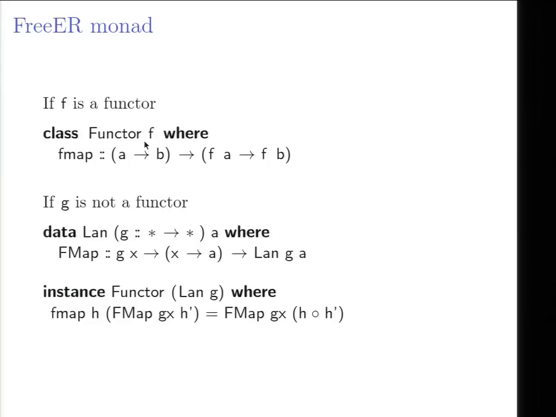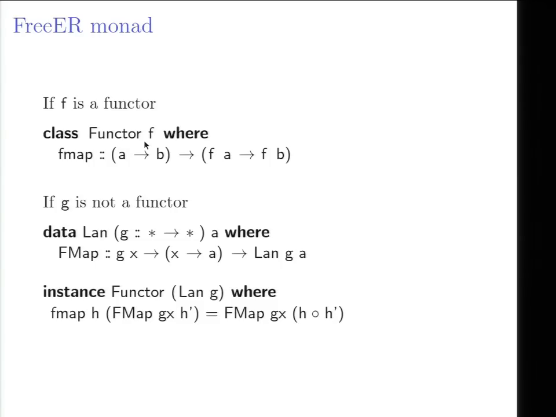But we can cheat. Suppose we say we want to map x to a, then we just put this x to a into a data structure. So when we say fmap something over the data structure, we don't actually do any mapping. We just keep this x, our mapping function, and this data structure separately, packed in there. And all of a sudden they are a functor. So now we can write a functor instance because if we map something more, we just add this something more to the mapping function we already had.